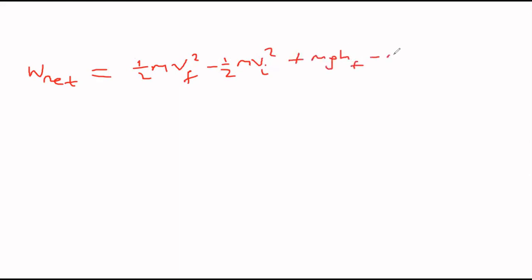We can now use the work energy theorem, which is work net equal to half mv final squared minus half mv initial squared plus mgh final minus mgh initial. The work net is also the same as the work done by the non-conservative force.